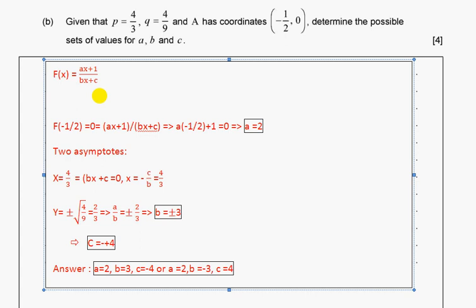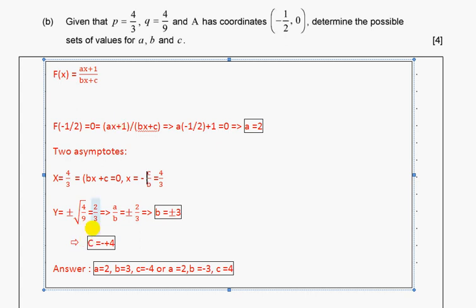So derivative of top part is a, derivative of bottom part is b, so asymptote is a over b. When x approaches infinity, y approaches a over b. And we know that this value is plus minus 2/3. I think it is clear.